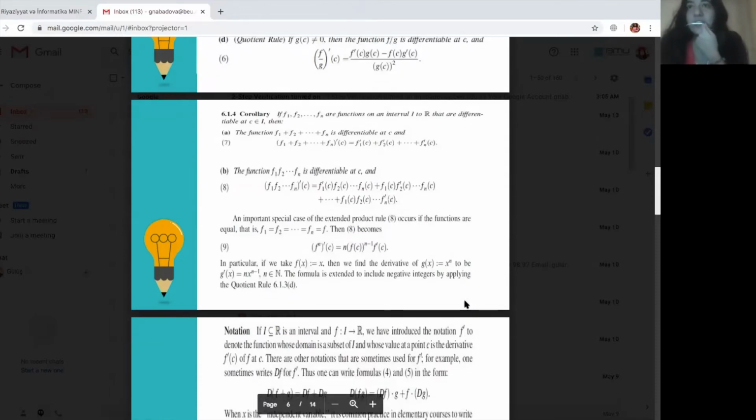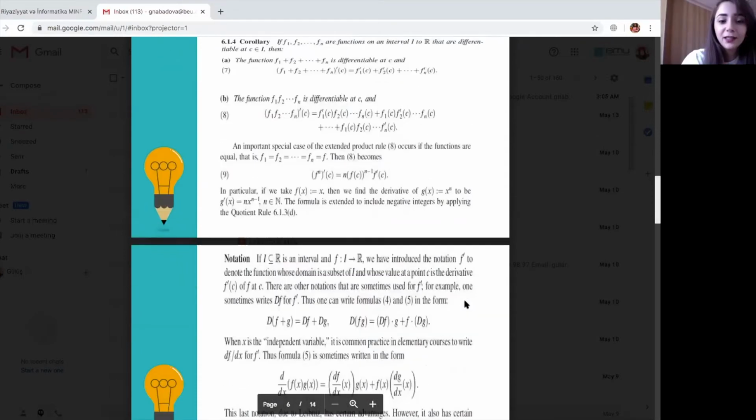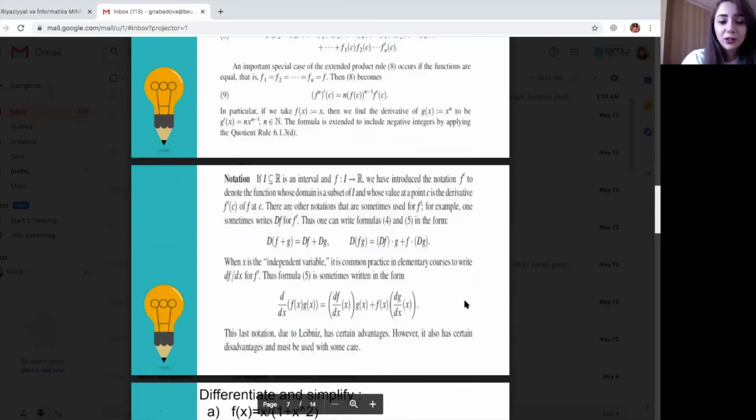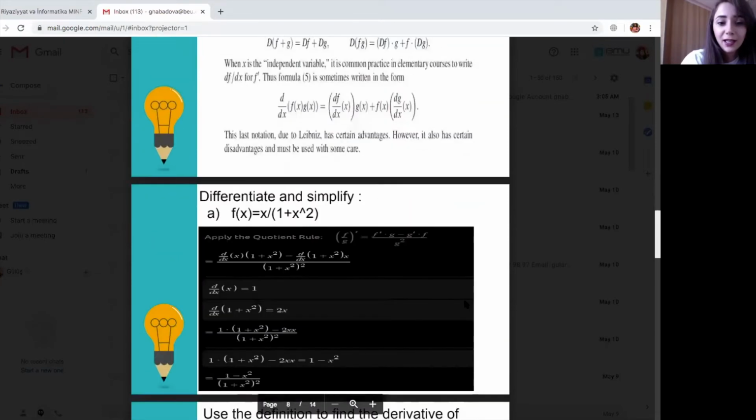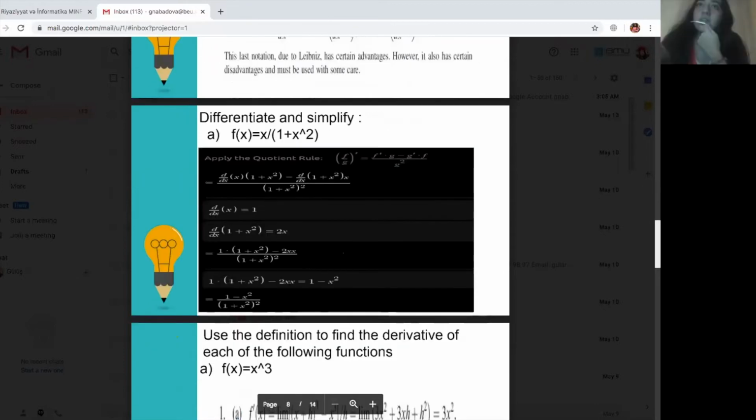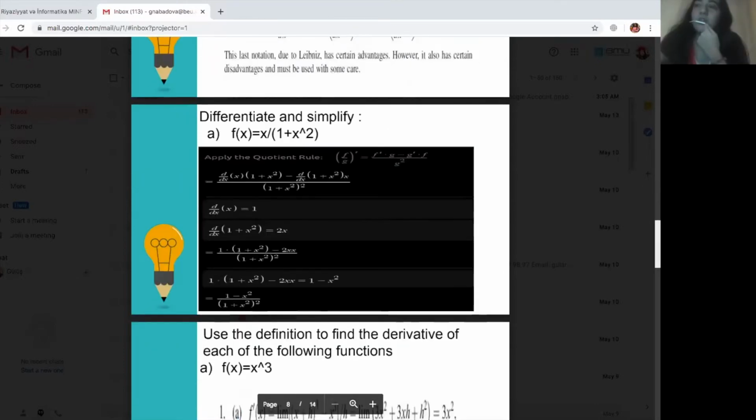You can see the equation in the slides. You don't need to mention the corollary. There are some theorems like the chain rule and also Caratheodory's theorem.